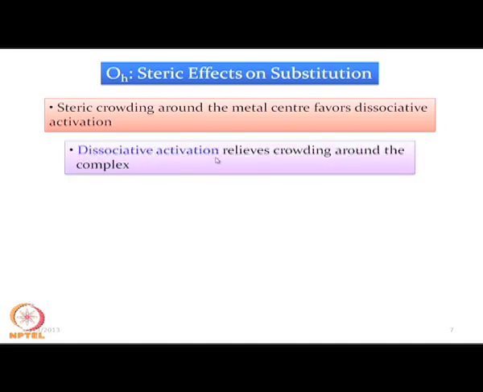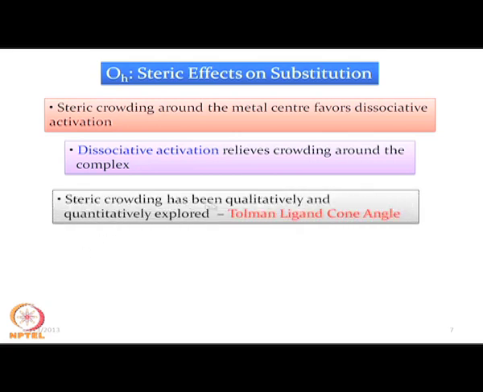Then for dissociative activation, if one ligand is going away, octahedral is giving square pyramidal geometry, then this dissociative activation relieves crowding around the complex. So, we do not have any crowding on the metal center. So, extra crowding is required if the pathway is associative. So, steric crowding has been qualitatively and quantitatively explored.